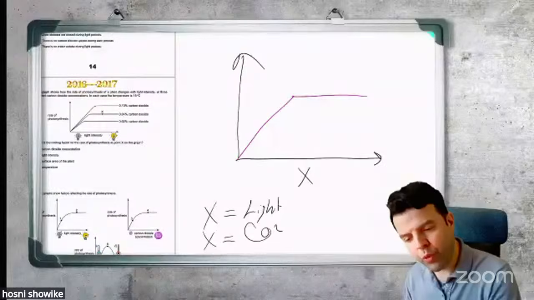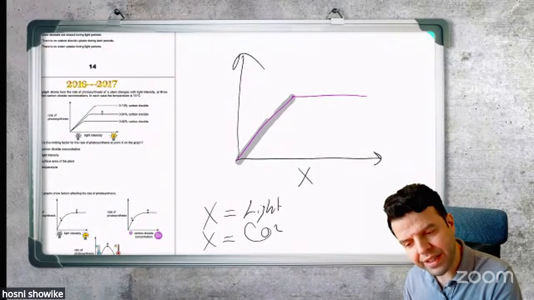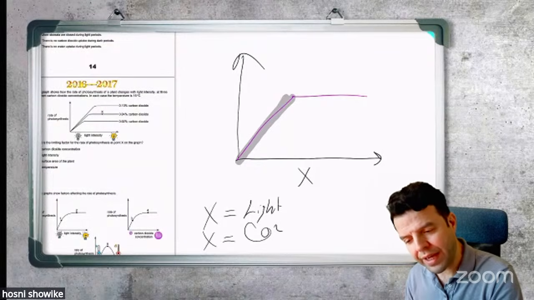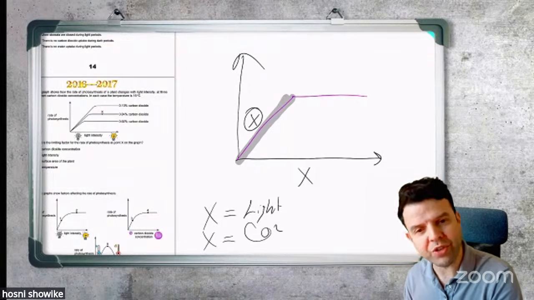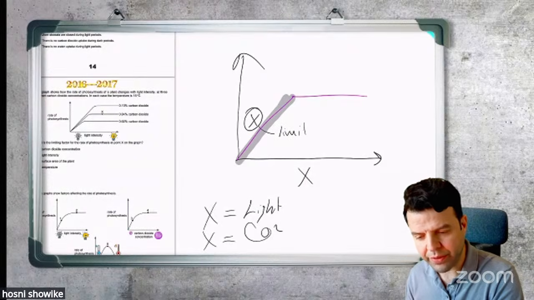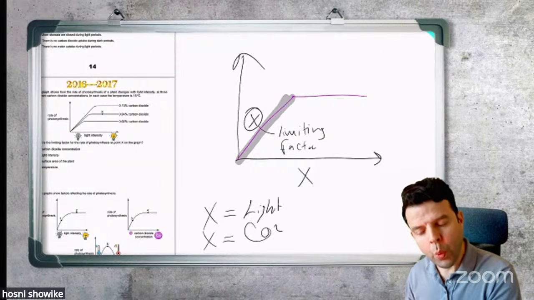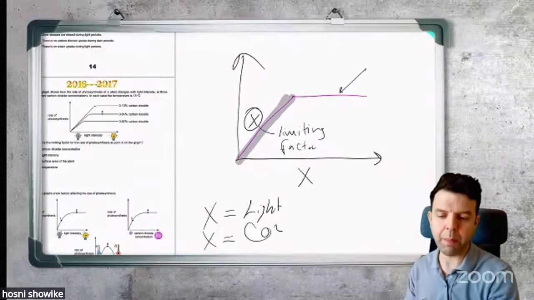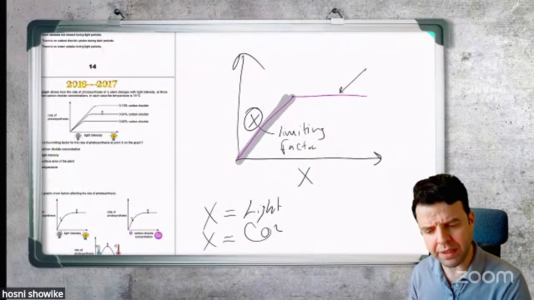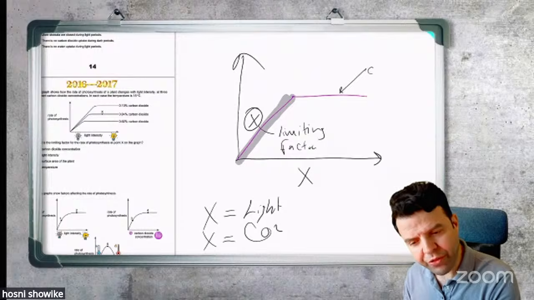Anywhere on the graph where the line is still inclining like this, you have to think of what's on the X. The factor on the X is going to be the limiting factor. Okay? But when I reach that point and the line becomes flat like this, meaning I have enough X.